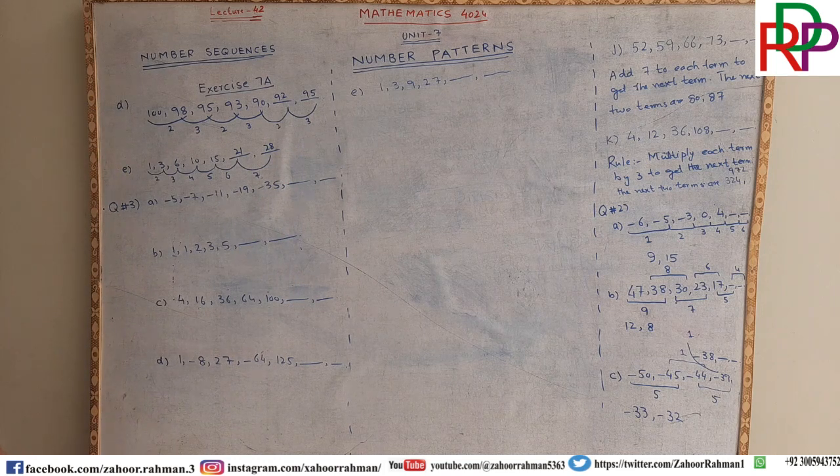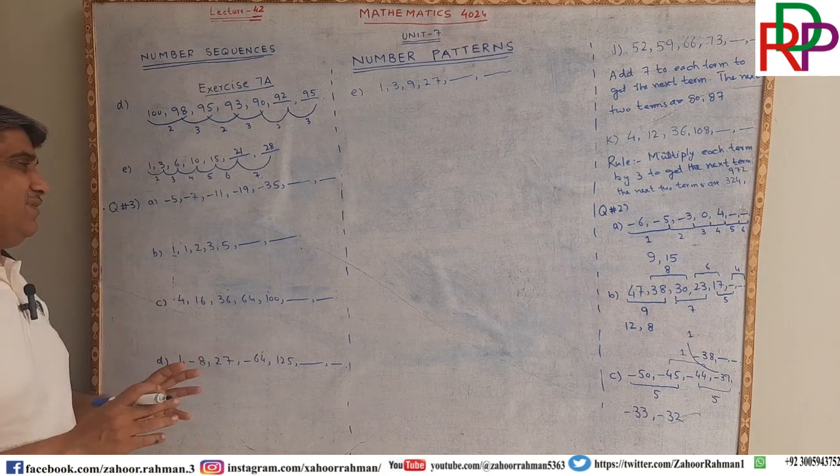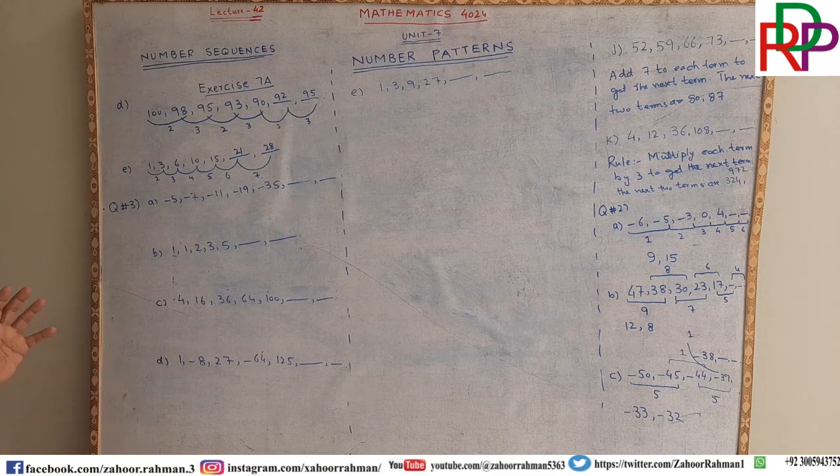Now question number 3 is a bit trickier, because these are advanced level questions. If you actually want to test your mind IQ level, then do these questions. These are challenging questions.